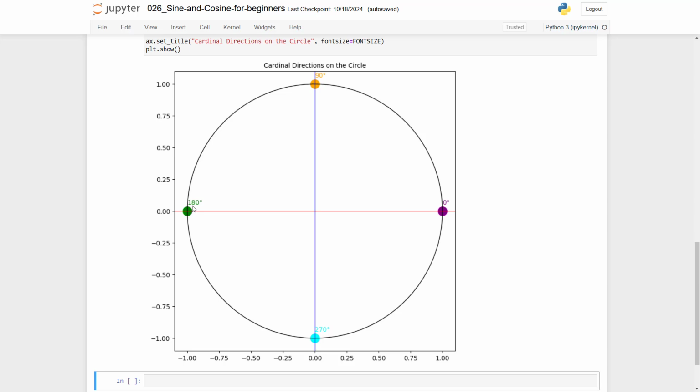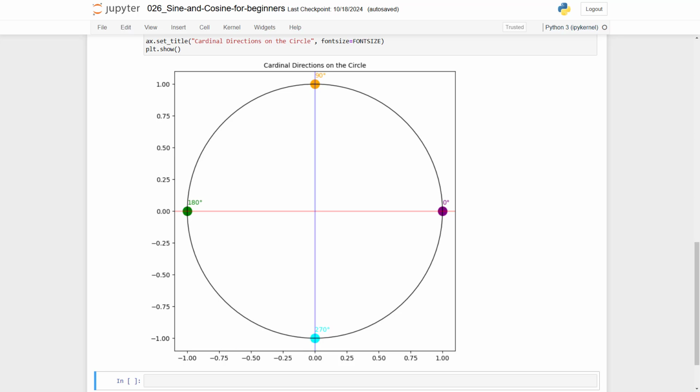Because it's here, at -1, and sine is of course 0. Back to 270, we are straight down, and the coordinates are 0 on x, -1 on y. So the cosine is 0, and the sine is -1 here.